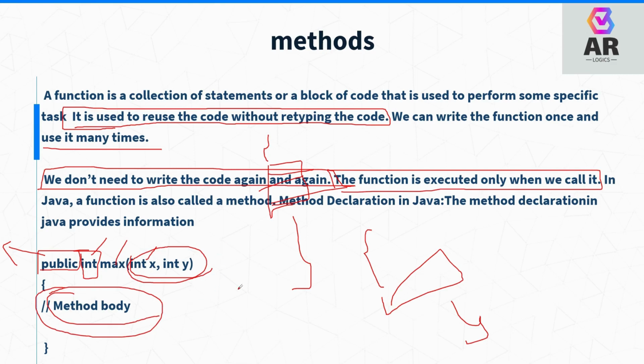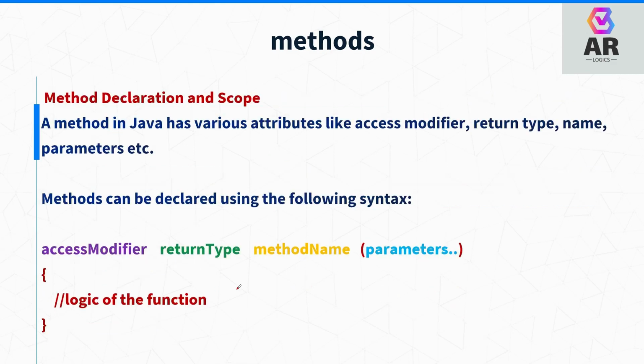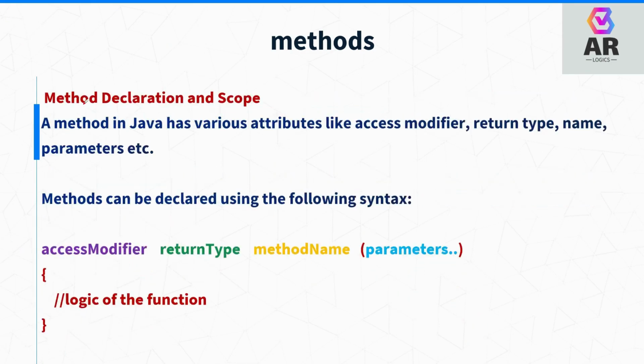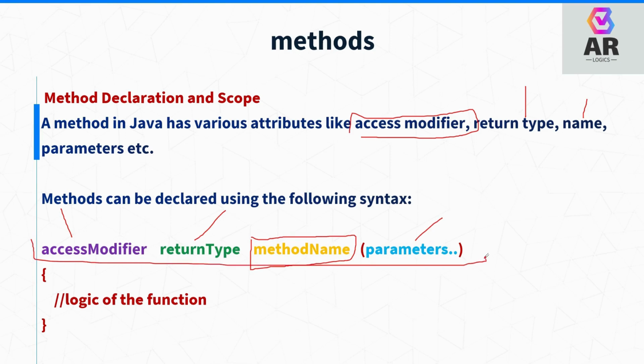Here is the method declaration and scope. A method in Java has various attributes, like the access modifier, which is the first one, and the return type, then the method name, whatever it is, suppose add two numbers, or any other name, and the parameters. We need to follow this.